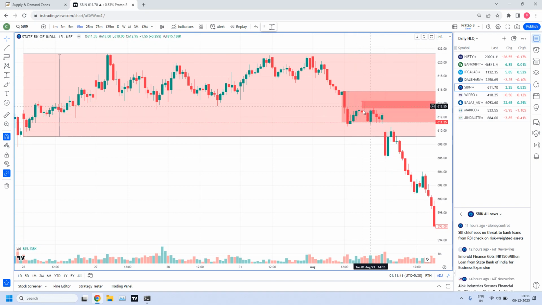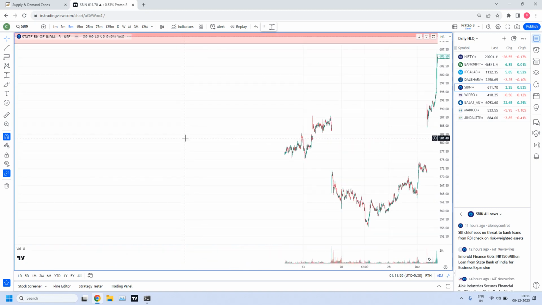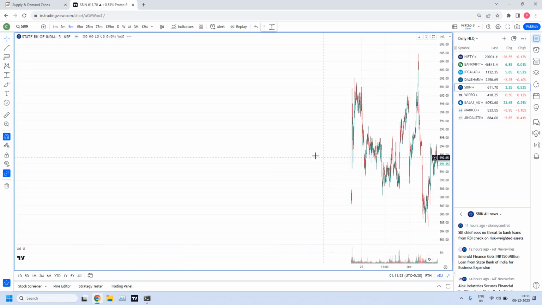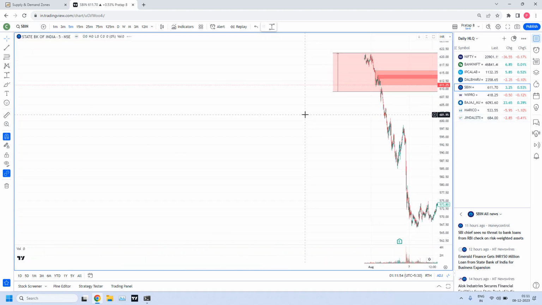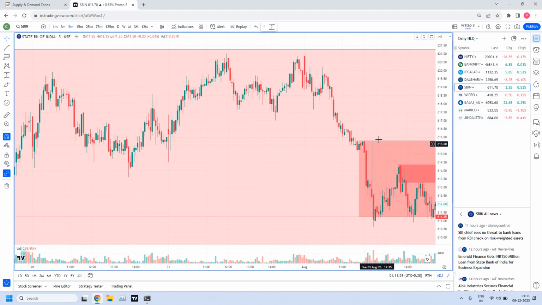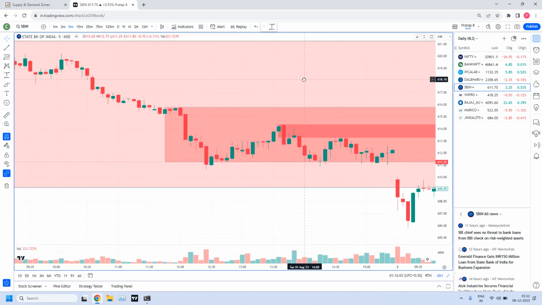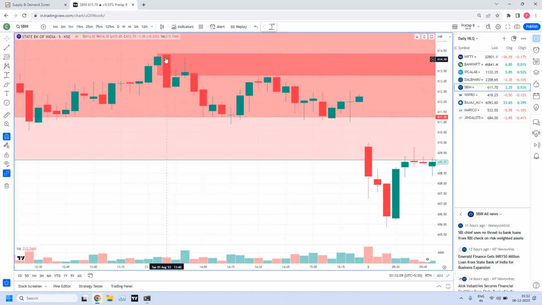Because the risk is high, we further fine-tuned by going to the 5 minutes time frame. So inside that 15 minutes time frame, again we identified a rally candle, base candle and a drop candle.